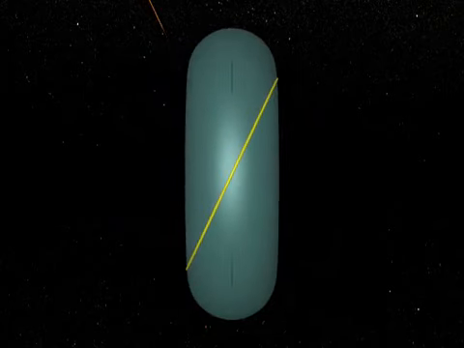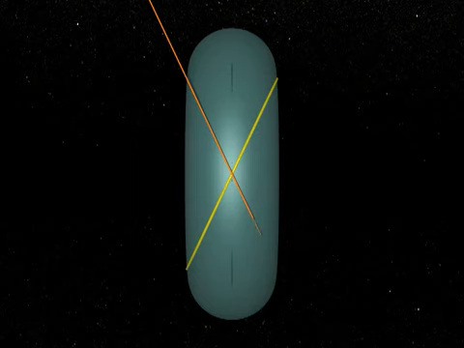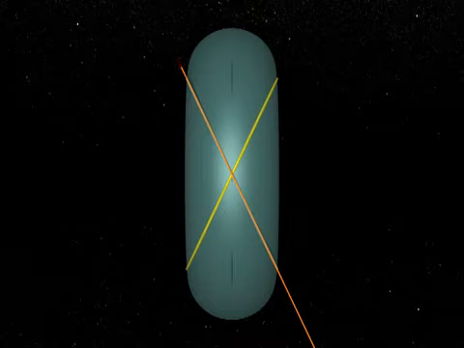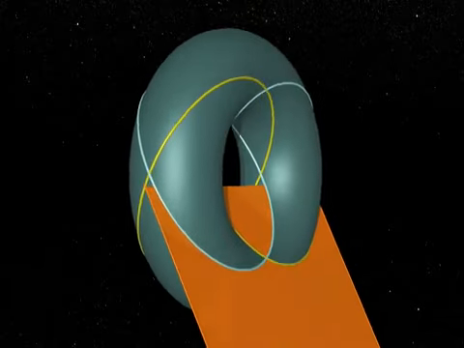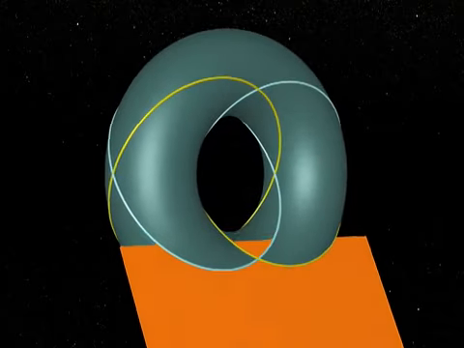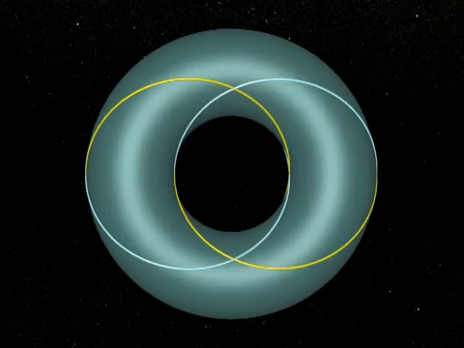Of course, there's not just one bitangent plane. Here's another one, cutting the torus along two other Villarceau circles. And we can do the same for all other bitangent planes.